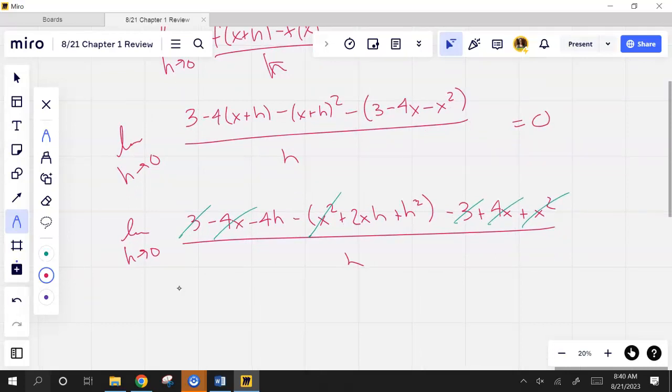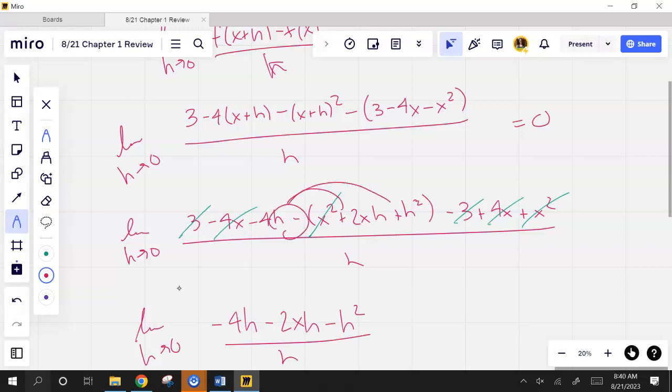All right, what do I have? Now I have negative 4h minus 2xh minus h squared over h. This minus has to distribute through here. When I FOILed that out, I couldn't plug in a 0 yet because of the h in the bottom. I want to know, when does this equal 0?